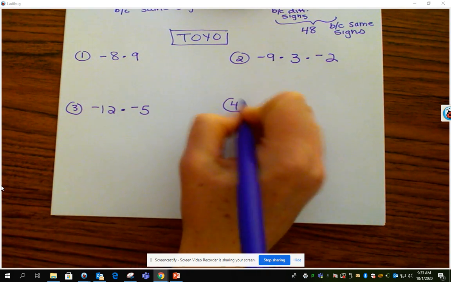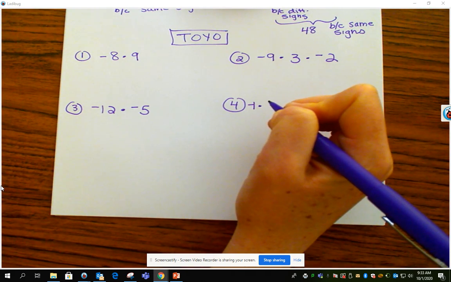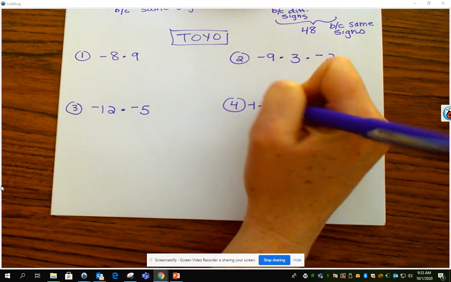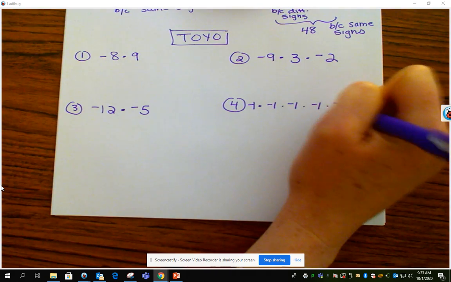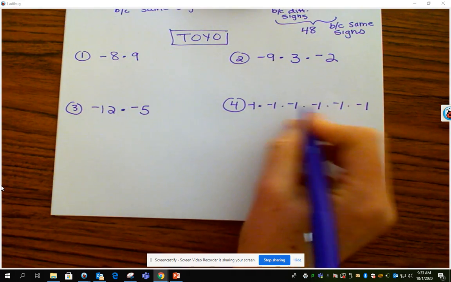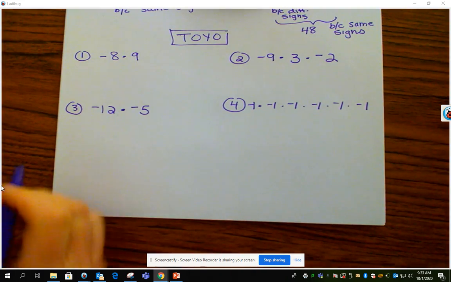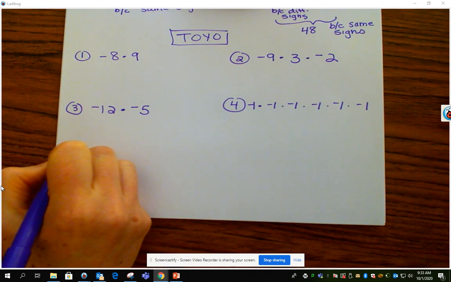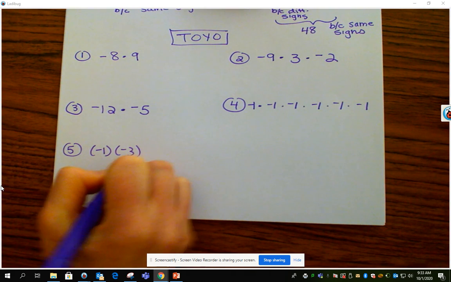Number 4 is going to be negative 1 times negative 1, and so on, 6 times. So negative 1 times itself 6 times. Number 5 is going to be negative 1 times negative 3 times 5.